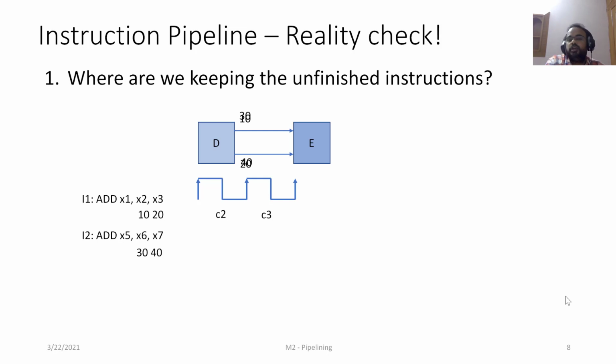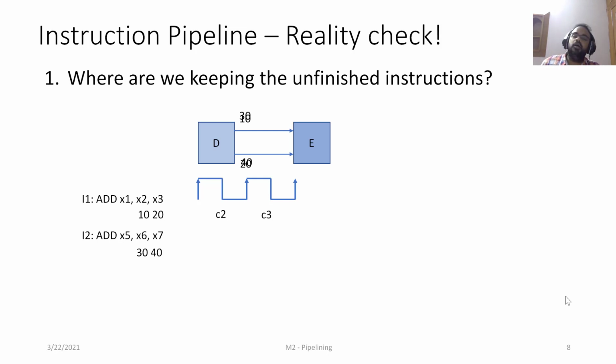I have deliberately overwritten the values to give a feel for what the execute stage would be looking at. Will it look at 10 and 20 or 30 and 40, right? Or it can be 10 and 40 and 30 and 20 also. We don't know. Or it can be some other junk value. Now, how do we expect it to add 10 and 20 if the inputs are not held stable, right?